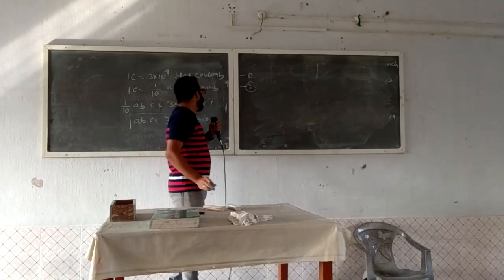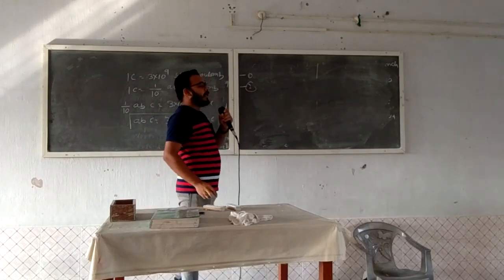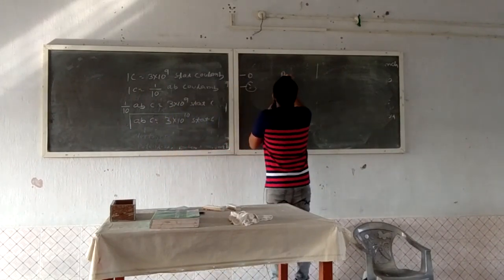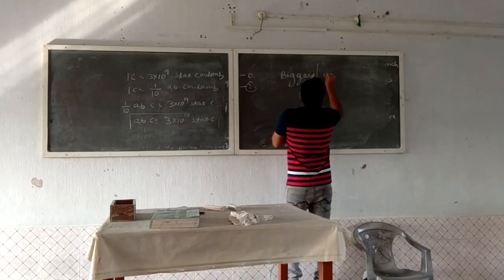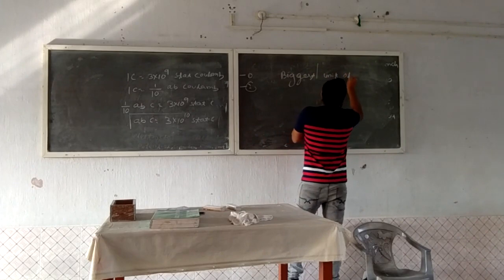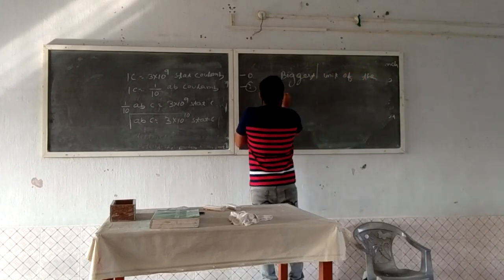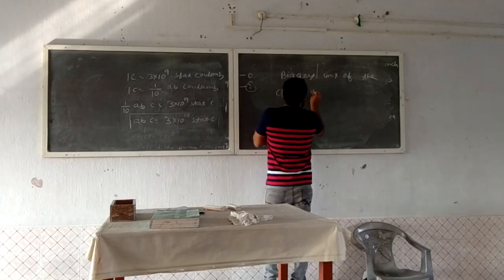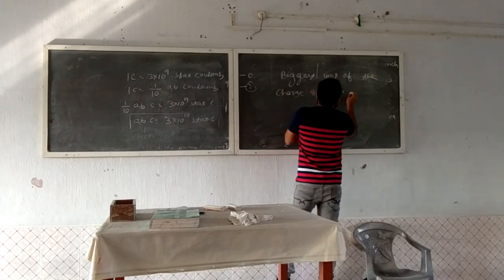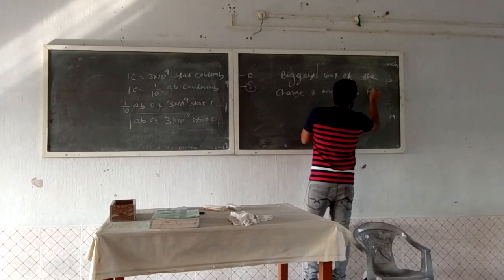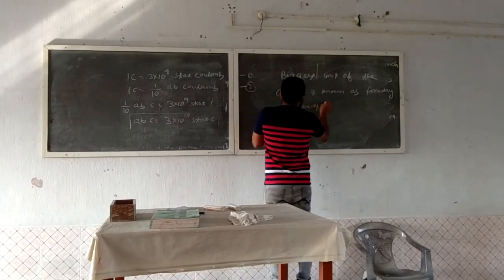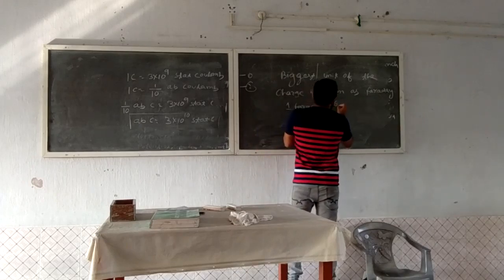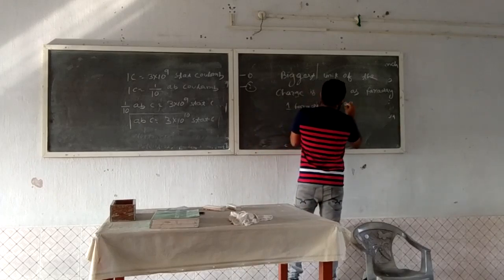Similarly, here the biggest unit of the charge is known as the Faraday. Okay, the biggest unit of the charge is known as Faraday. 1 Faraday equal to 96,500 coulomb.